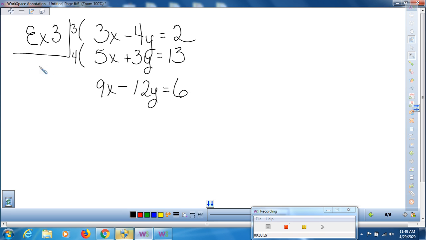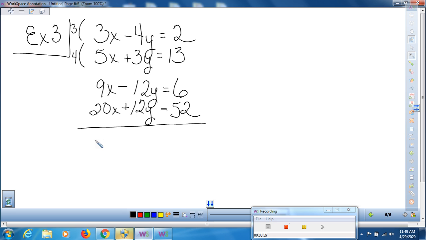Bottom equation, 4 times 5x is 20x. 4 times 3y is positive 12y. And 4 times 13 is 52. Again, you'll notice our y's now are the same but opposite coefficients, so we can add our equations together.